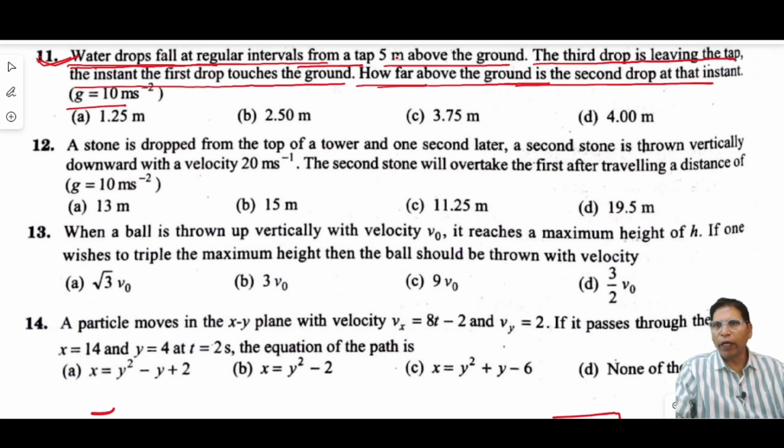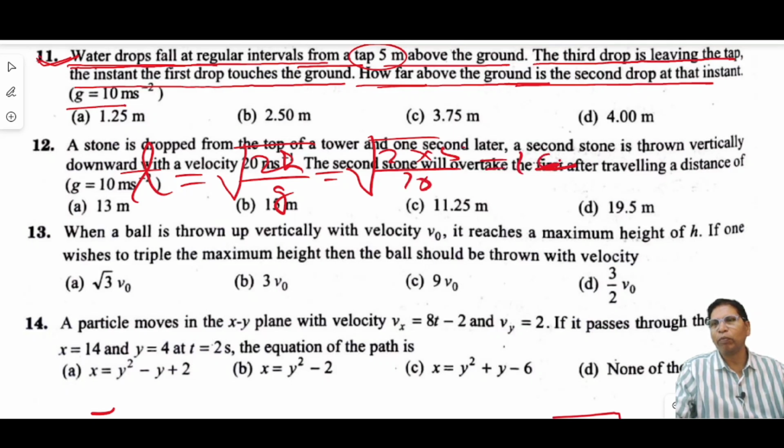First of all we have to calculate the time of fall. Time of fall t equals root over 2h by g. Now this is 2 into h, h means 5, g is 10. So this is 1 second, the time of fall.